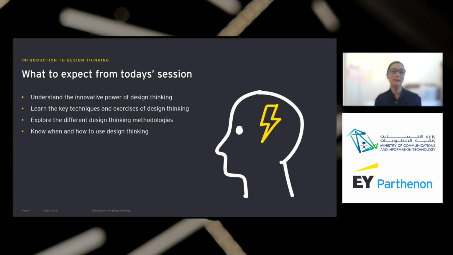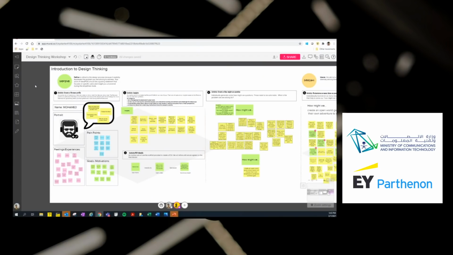And what you can expect from today's session. Well, we really want you to come away thinking about the innovative power of design thinking and how we can use it to come up with really creative ideas and solve some really wicked problems. We want you to learn the key techniques and exercises of design thinking. We will explore some different types of design thinking tools and methodologies, and we'll also understand when and how to use design thinking as well.